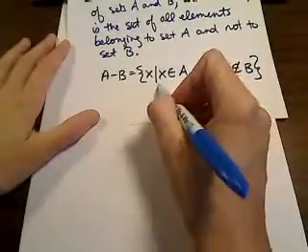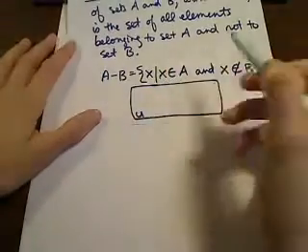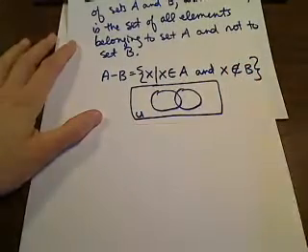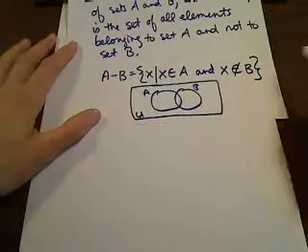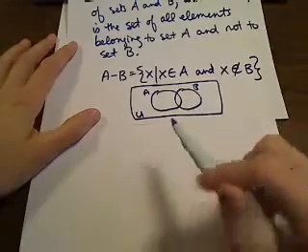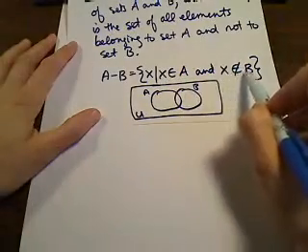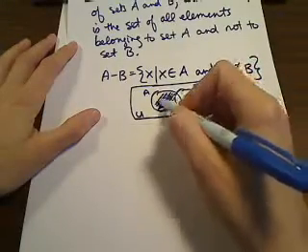So to give you a Venn diagram of this situation as well, kind of running out of room on this page, but those are supposed to be circular. You got to humor me on that, right? So this is A and this is B. And if I'm looking at X being an element of A and not being an element of B, that would actually be all of this right here, wouldn't it?